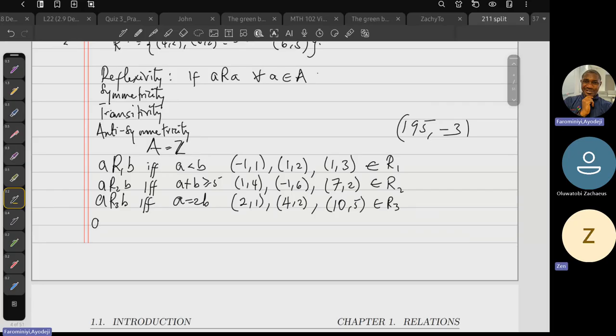So R4: A is related to B if and only if A and B have the same parity. What is parity? Even, odd. Yes, parity is talking about whether the number is even or odd.